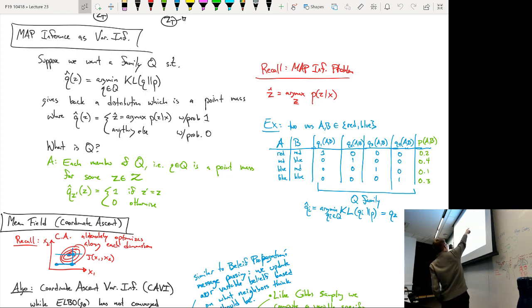Okay, so suppose that the true distribution over A and B is the green column, where we have 0.2, 0.4, 0.1, 0.3 as our probability distribution.